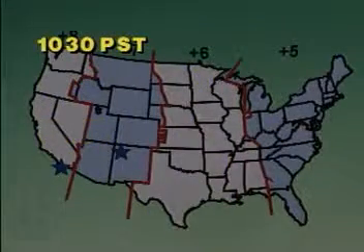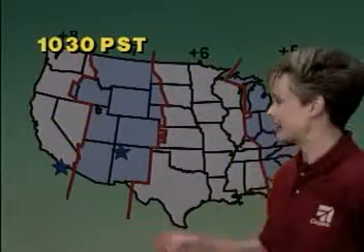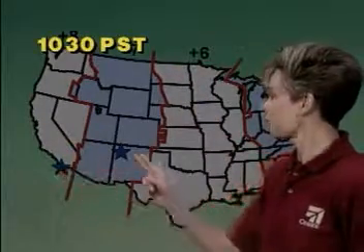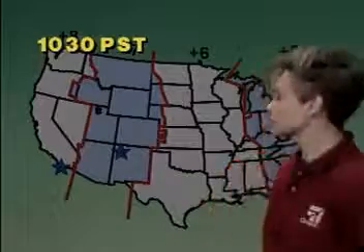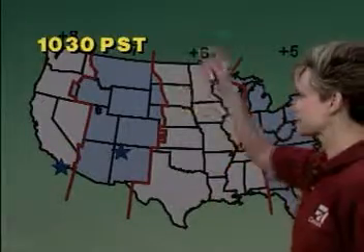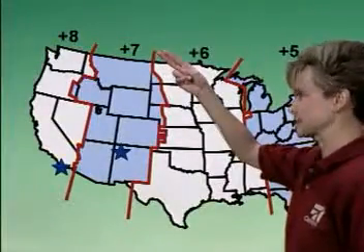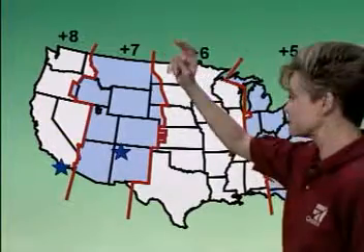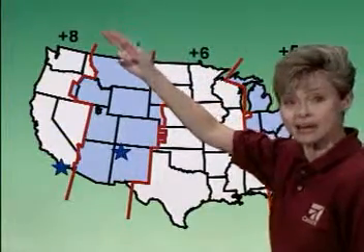Here's another example. Say you depart at 10:30 Pacific Standard Time for a 4-hour flight to a destination in the Mountain Time Zone. At what Zulu time and Mountain Standard Time will you get there? Well, looking at the map, you see that the time difference for Mountain Standard is 7 hours, and Pacific Standard is 8 hours.